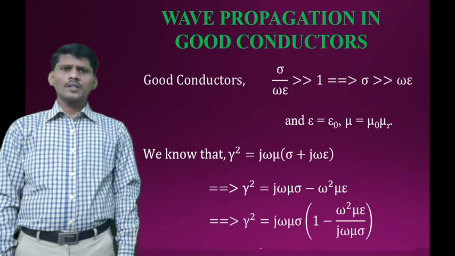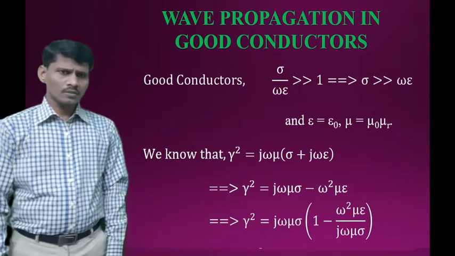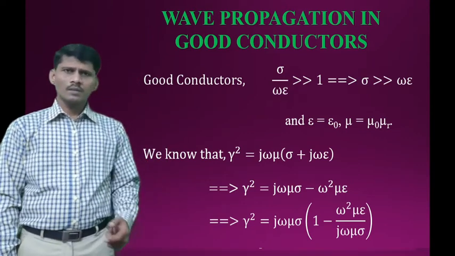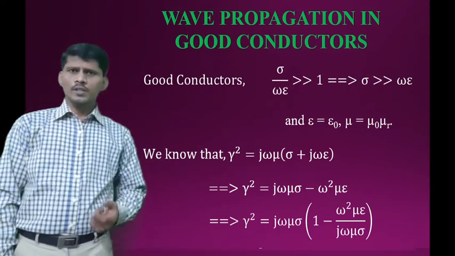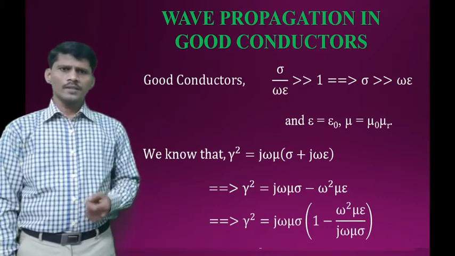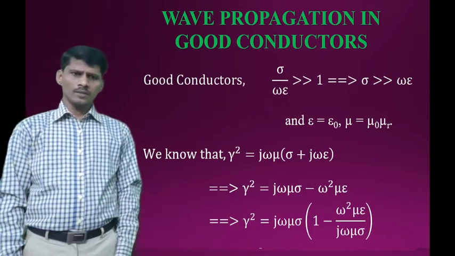On the right-hand side, taking j omega mu sigma common from both terms, the remaining term is: gamma square is equal to j omega mu sigma into (1 minus omega square mu epsilon by j omega mu sigma).